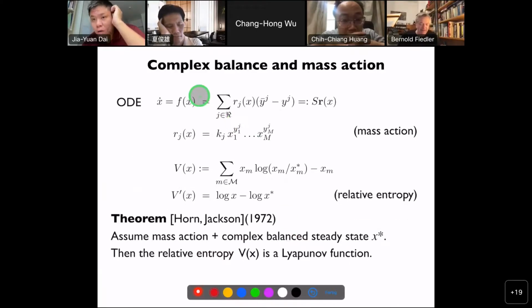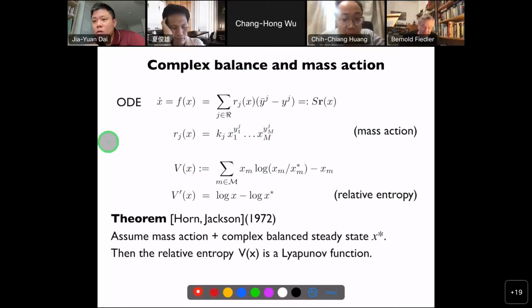If you have complex balance, now I assume complex balance, I assume mass action kinetics, then I can construct a function V of x, which is sometimes called relative entropy. So I use the steady state which achieves complex balance here.